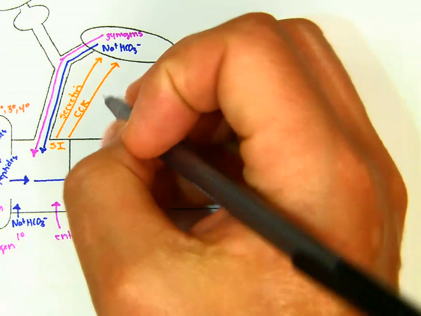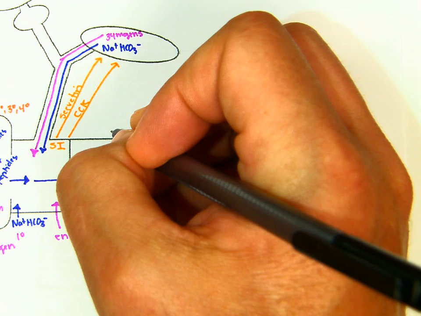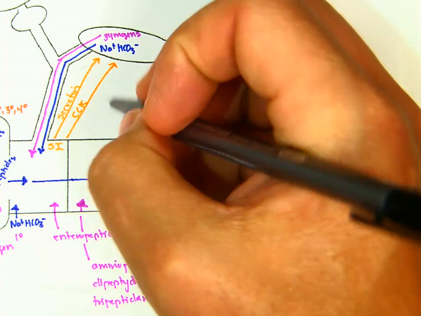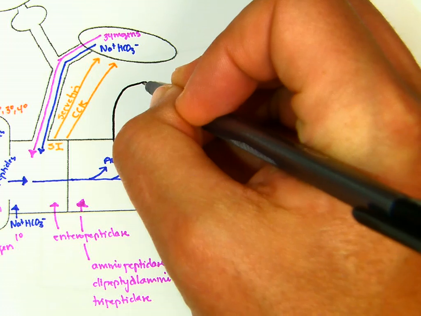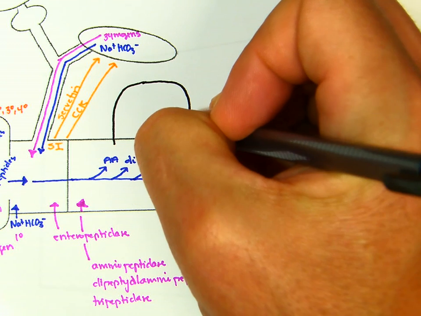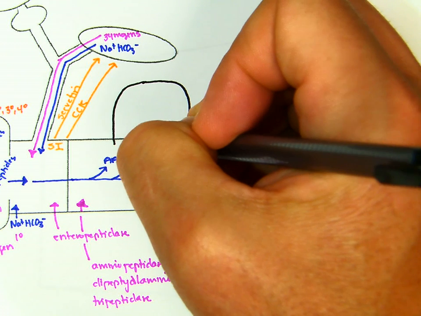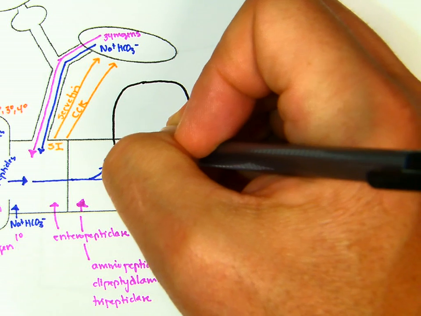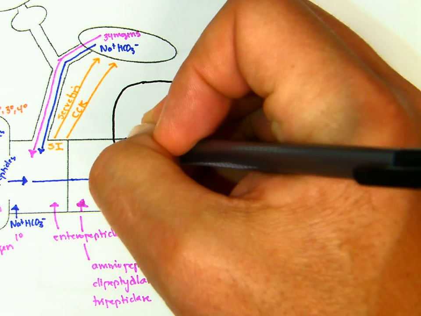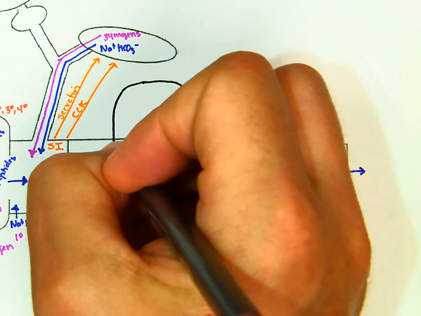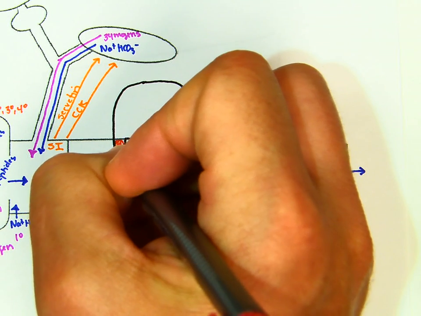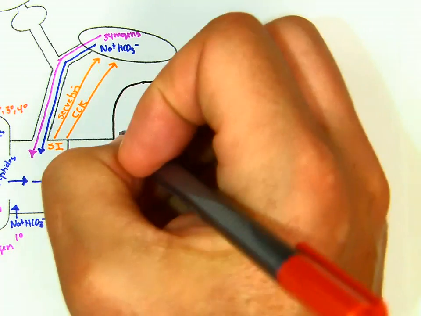Okay, so we'll stick an enterocyte here. This is our enterocyte. We have 2 types of transporters for amino acids.